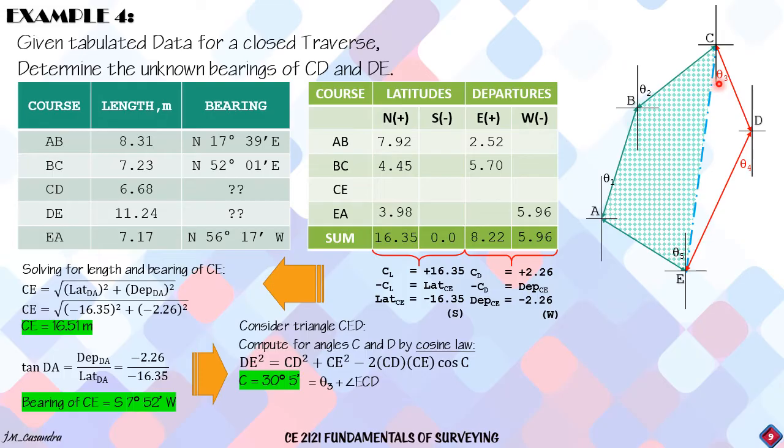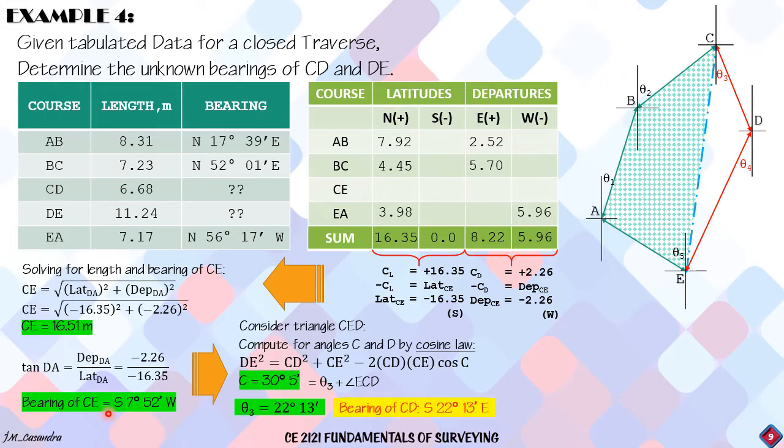So we'll have now theta 3 as 22 degrees 13 minutes. So this is 30 degrees 5 minutes minus this computed bearing.